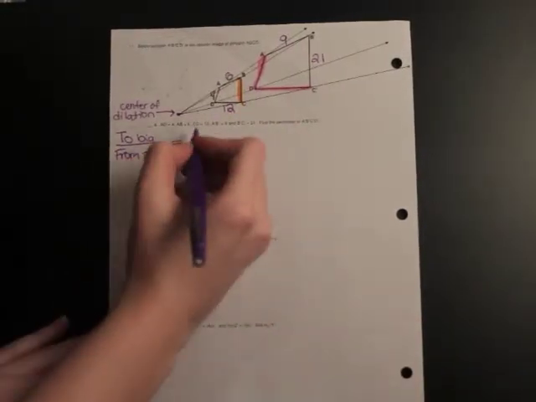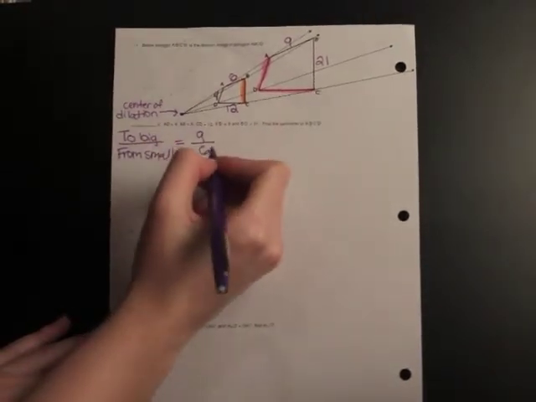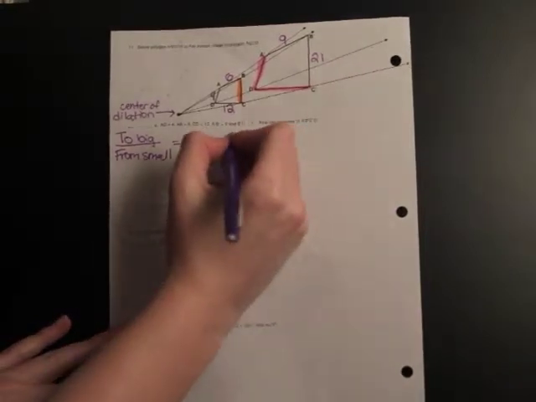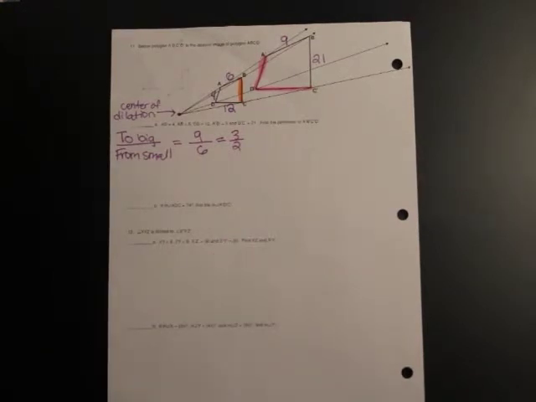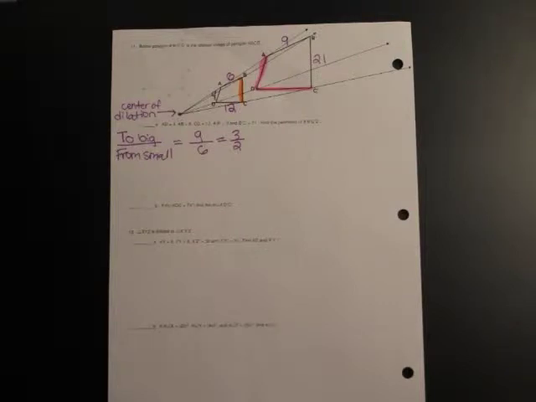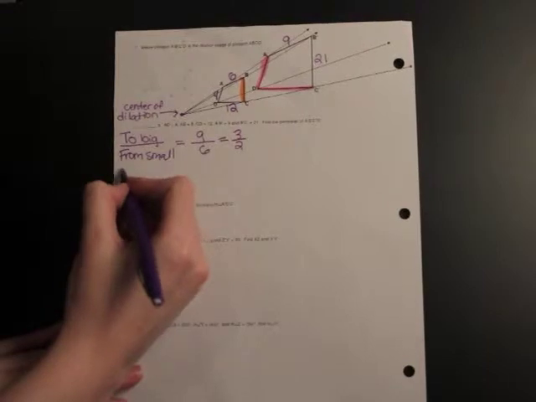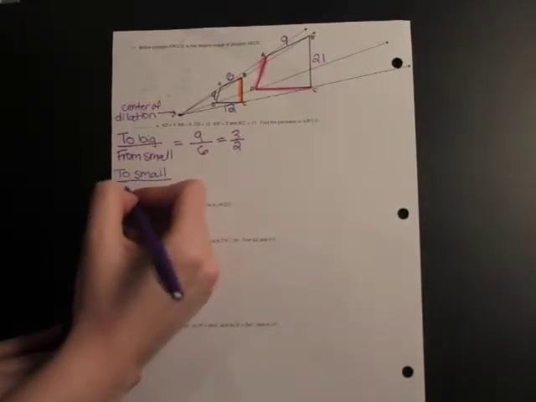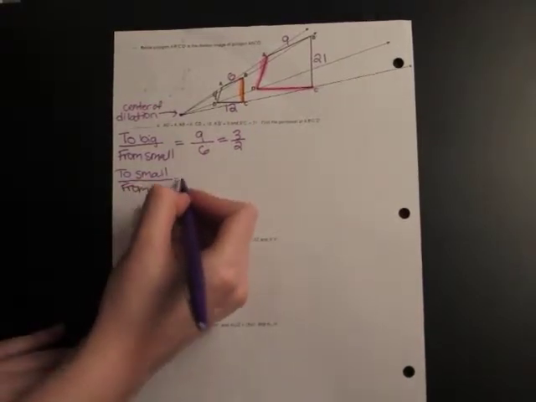So we're going to look at the big, which is 9, and put that over the small, which is 6. You can simplify that, divide both of those by 3 to get 3 over 2 as our scale factor. That's when you're wanting to find the big sides. Later, when we find that small side, we're going to be going to small from big.